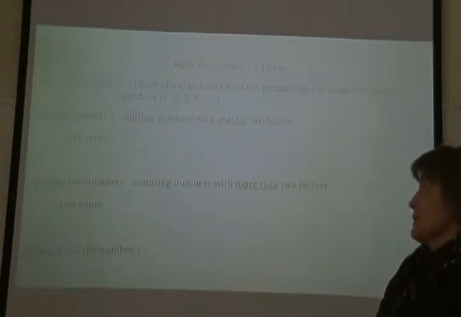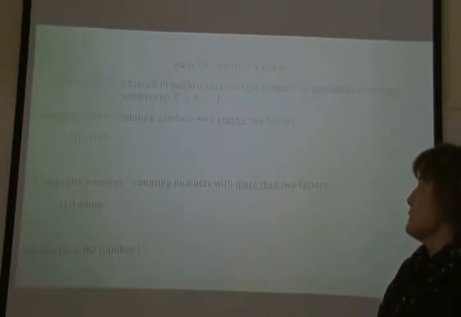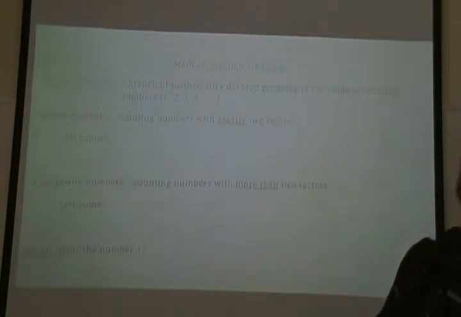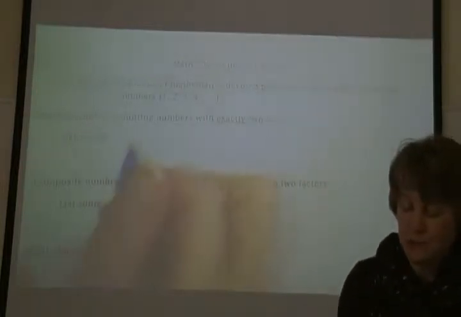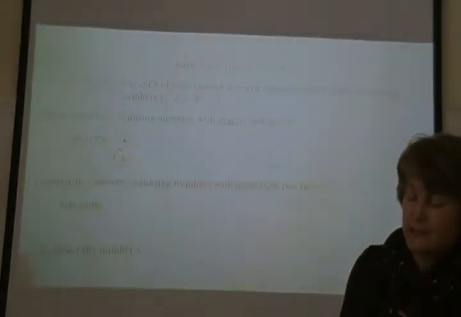And with number theory, there are two definitions you need to know. One is what a prime number is, and the other is what a composite number is. So a prime number is defined to be a counting number with exactly 2 factors. Some examples of prime numbers are the number 2, because its factors are 1 and 2, and that's it.